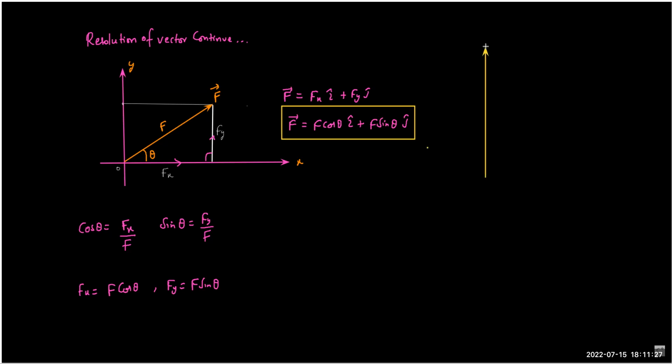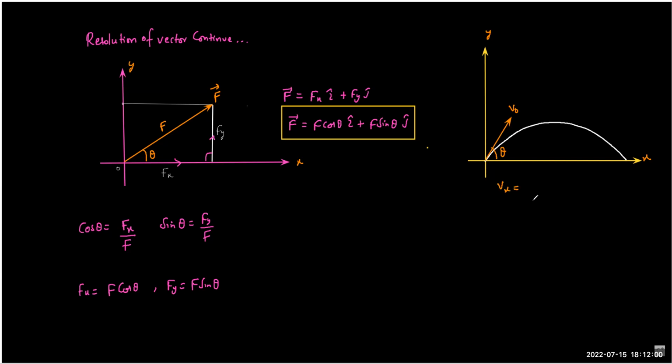In the case of projectile motion, if you throw something, it goes up and comes back to the ground. Imagine you are throwing at some velocity v naught, and let's say the angle is theta. If I call this x and this y, then the x component of velocity is vx.